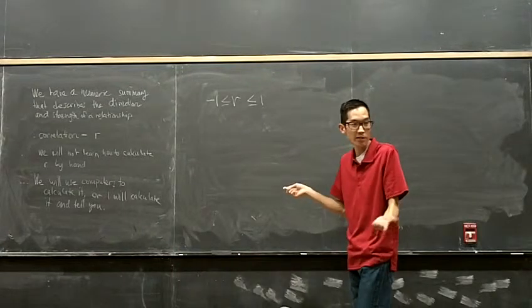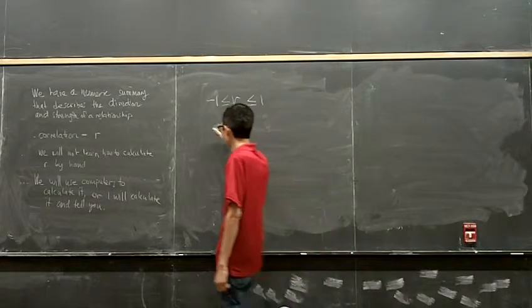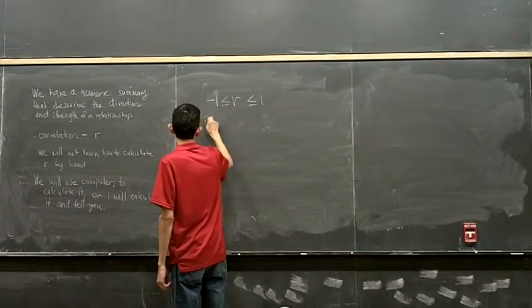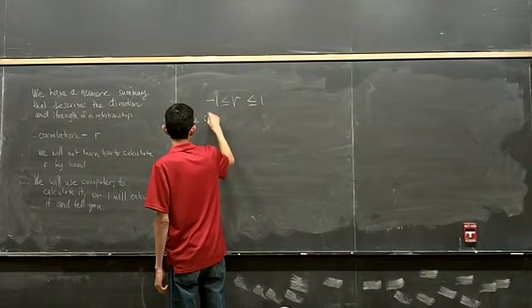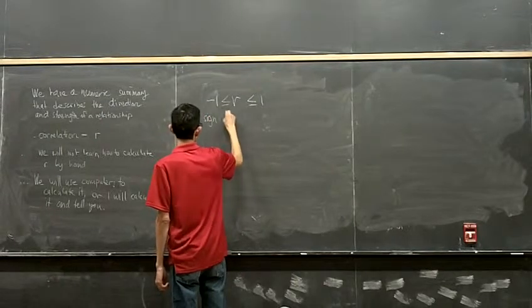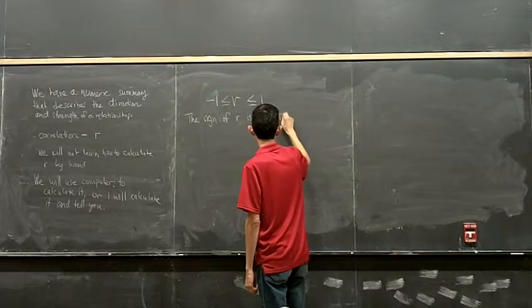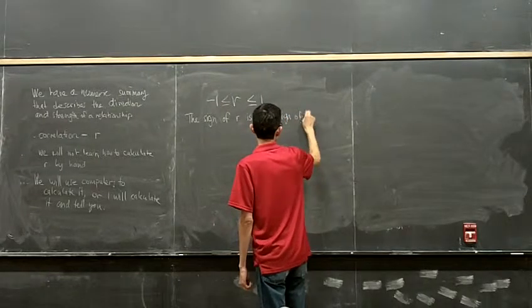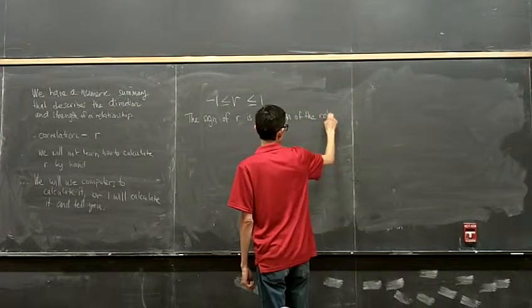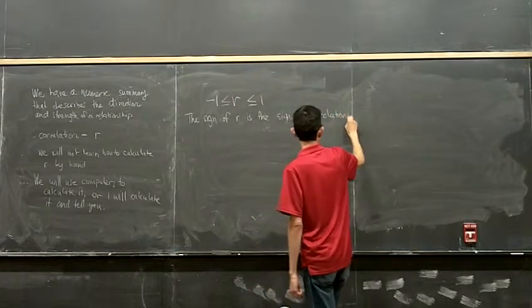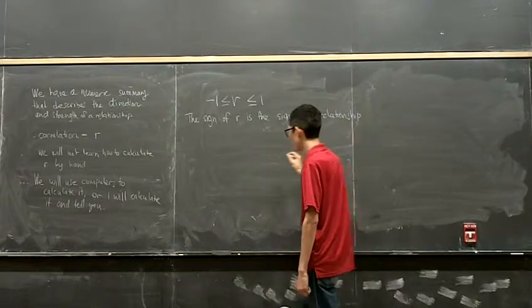And if R is negative, the relationship is negative. So the sign of R is the sign of the relationship.